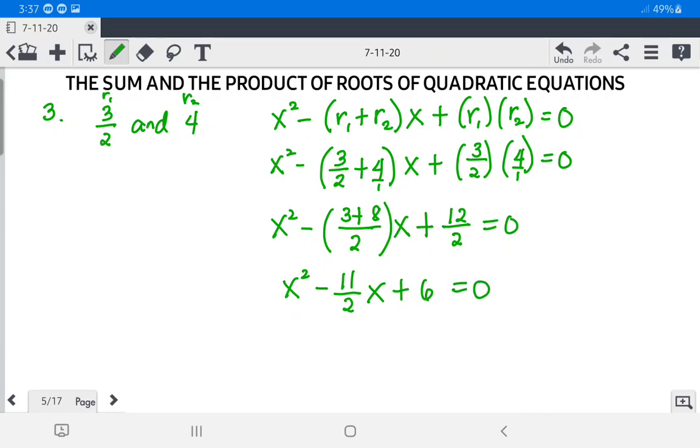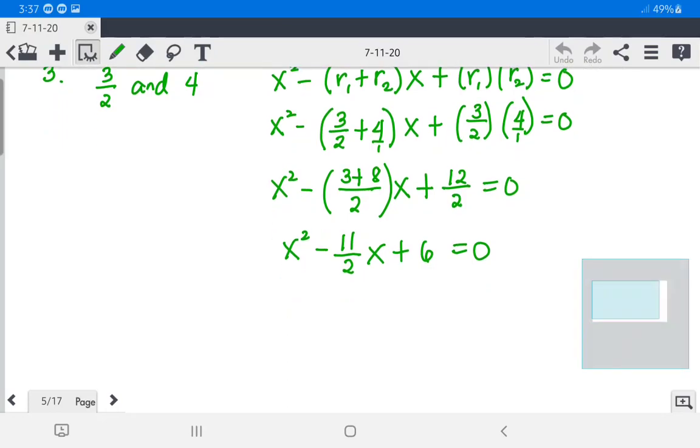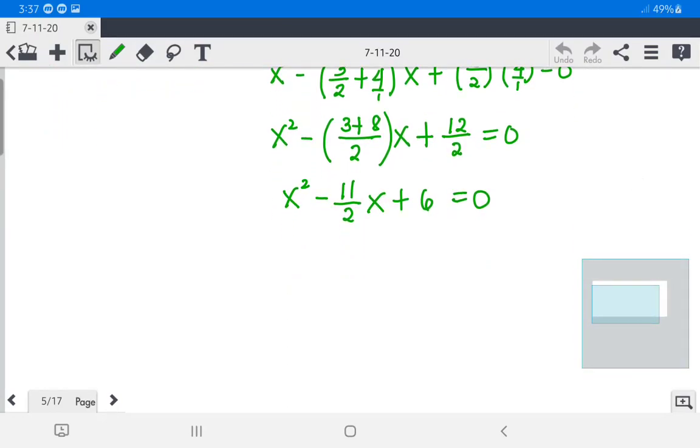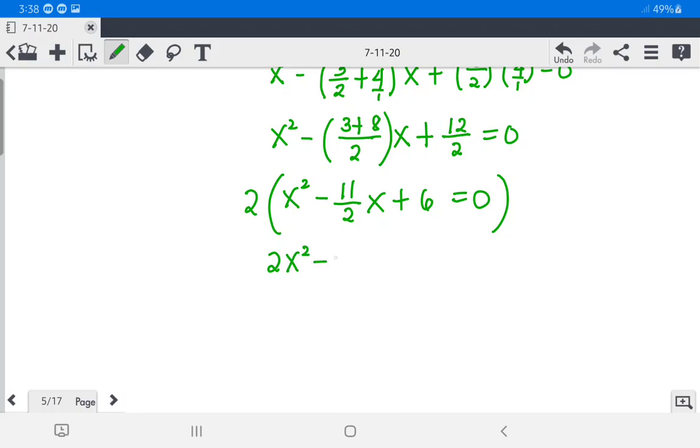Now, you can make use of the fractions, but sometimes we can multiply both sides by 2. Okay, so if we multiply this by 2, we have 2x squared minus 11x plus 12 equals 0.